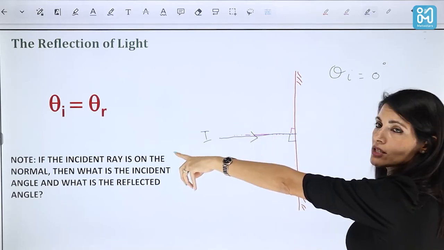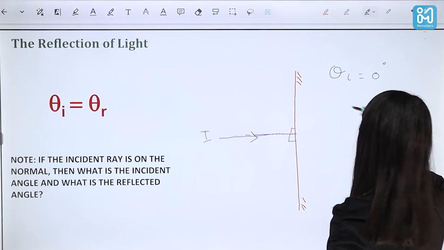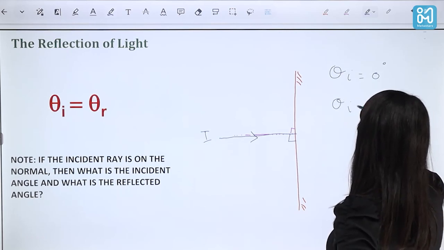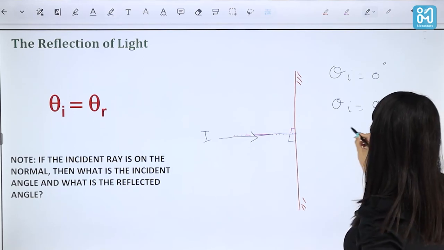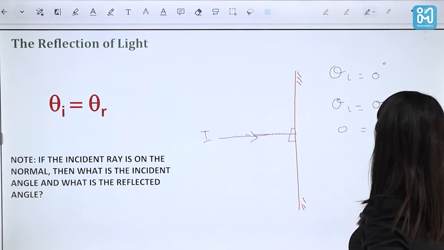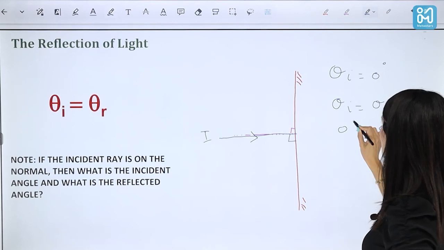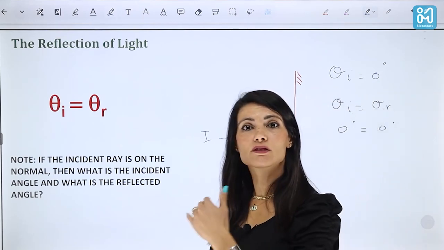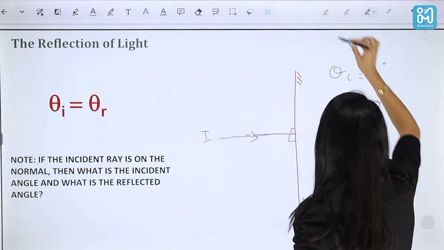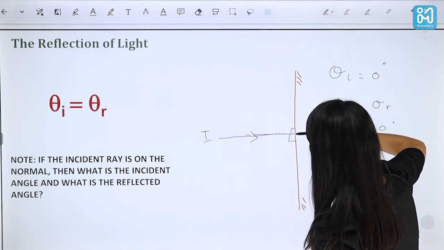And the law of reflection says that theta I equals theta R. So theta I should be equal to theta R. So I would say both are 0 degrees. So the incident ray will be reflected on itself. Here is the reflected ray.